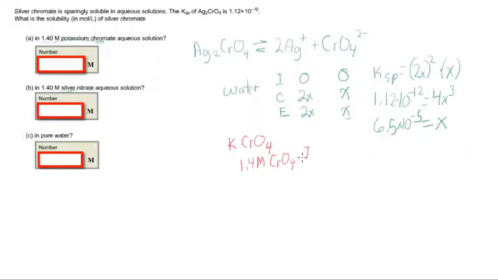We do our ice table here, and we're going to see something different. So chromate, we have 1.4 molar. We still have 0 silver. So silver still changes by 2x, chromate still changes by x. So we have at equilibrium 2x and 1.4 plus x. And the thing is, 1.4 plus x, because x is so small, basically equals 1.4.